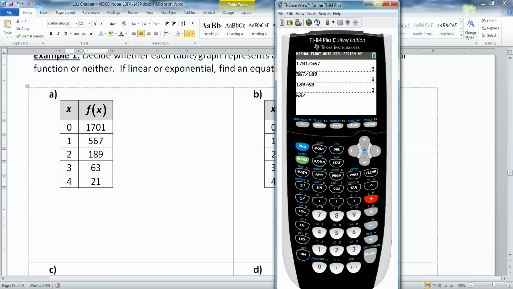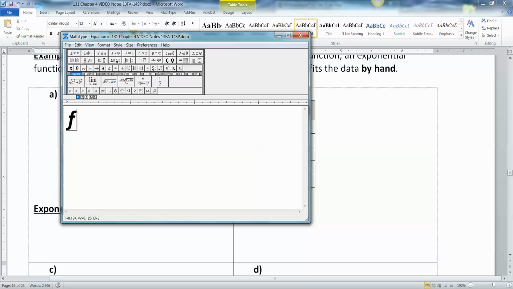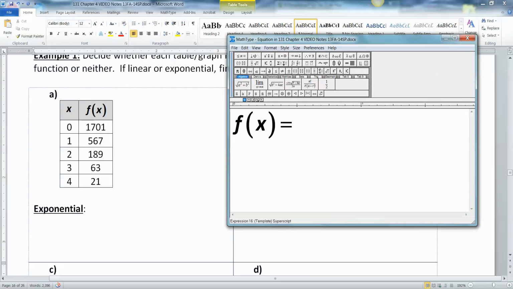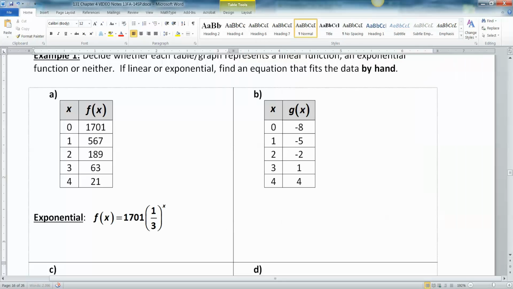And 63 divided by 21 is 3. Okay, so we're obviously going down by a third. It can't be 3, because what you're doing is you're really dividing by 3, so that's multiplying by a third. So let's start off with, this is exponential for sure. And then the equation for it would be f of x is equal to 1701, there's your y-intercept, and then you're dividing by 3, so that's multiplying by a third to the x.